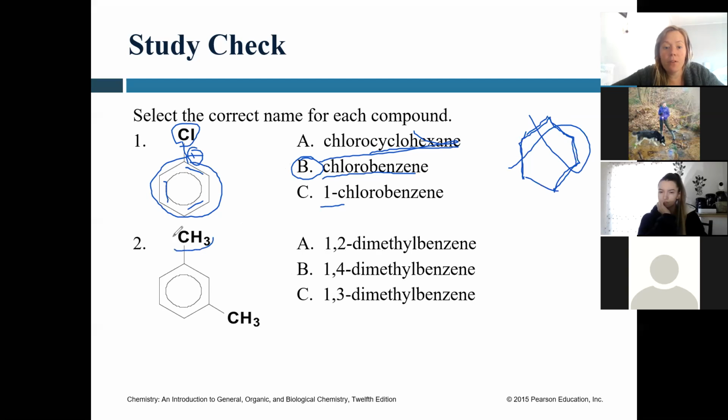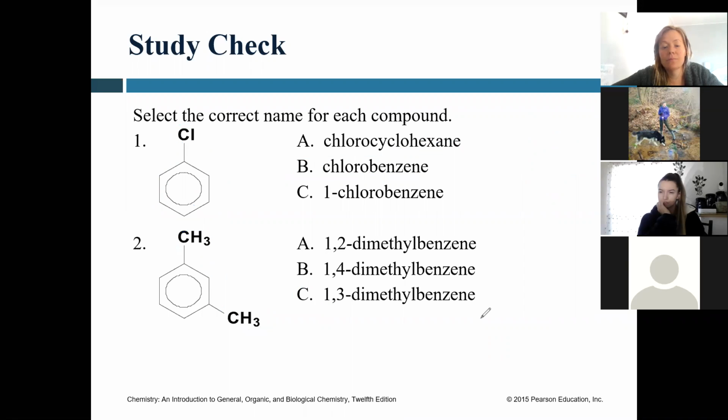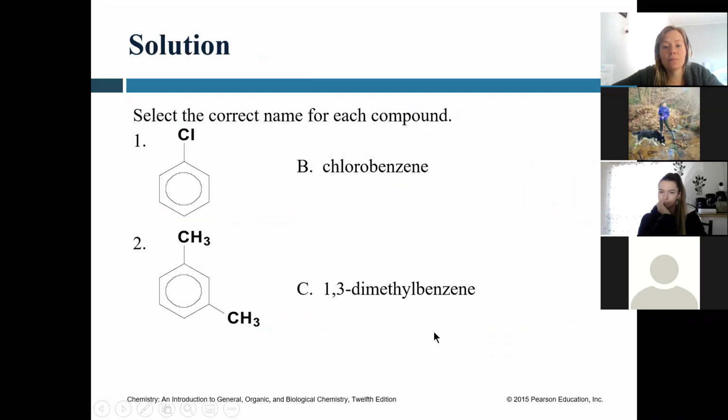So we've got a methyl group and a methyl group. This is carbon 1, 2, 3 to keep the numbers low. So 1, 3-dimethyl, and then benzene encompasses the ring. Okay, isn't that so much fun?